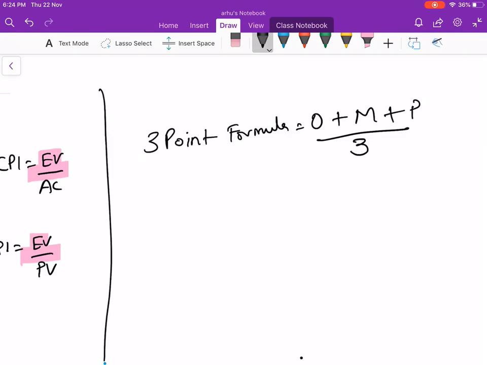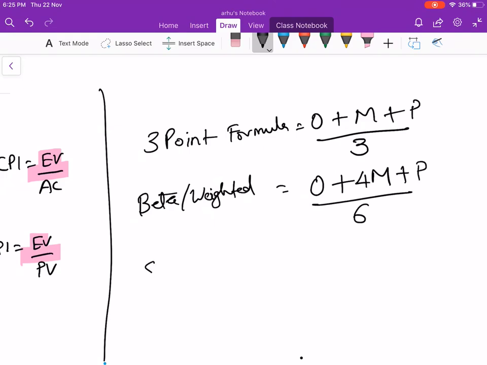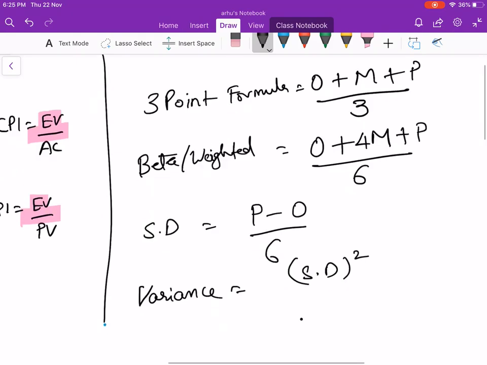Now if you have to take the beta or the weighted average, we're giving more weightage to the most likely. So optimistic plus 4 times most likely, plus pessimistic, divided by 6. Standard deviation gives you a range, that is pessimistic minus optimistic divided by 6. Variance is equal to standard deviation squared.